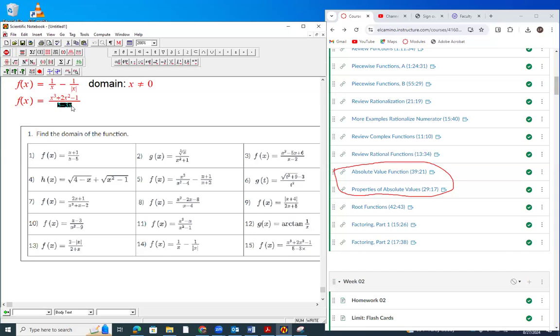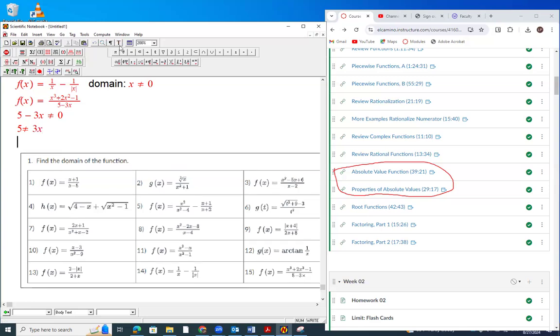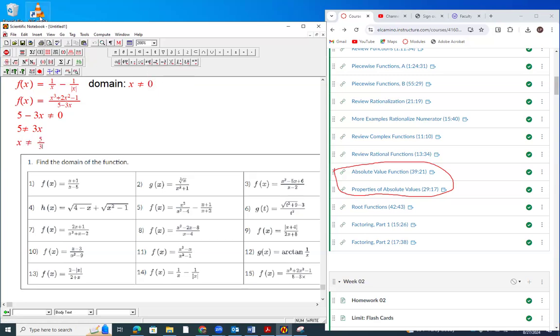So all you have to do is take the whole of the denominator and set it not equal to 0, and you solve it. You have 5 not equal to 3x. Divide both sides by 3. So x is not equal to 5 over 3.